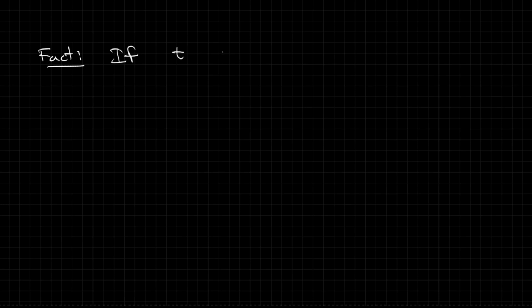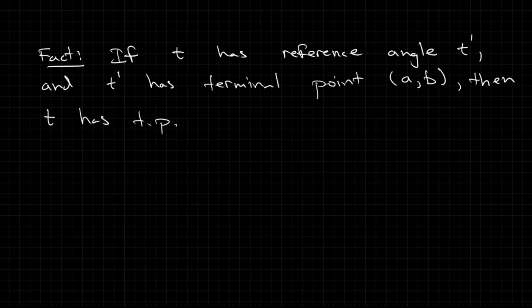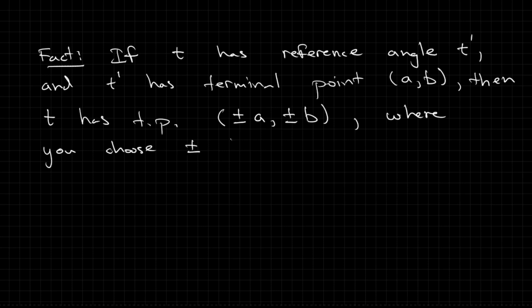If t has reference angle t prime, and t prime has terminal point A, B, then t has terminal point plus or minus A, plus or minus B, where you choose plus or minus based on the quadrant.